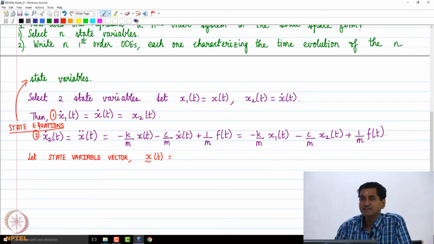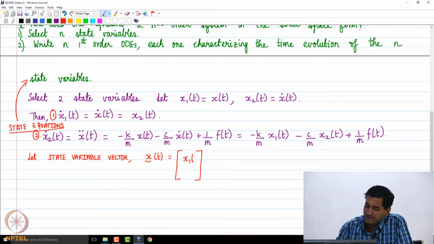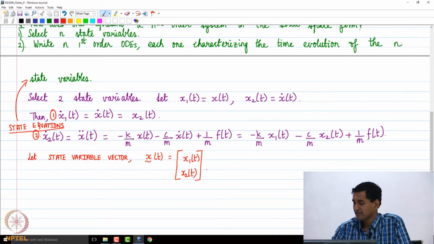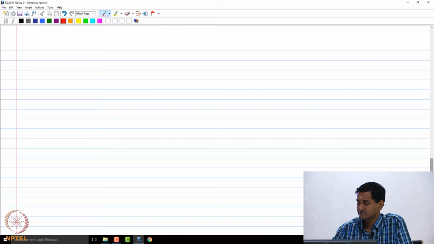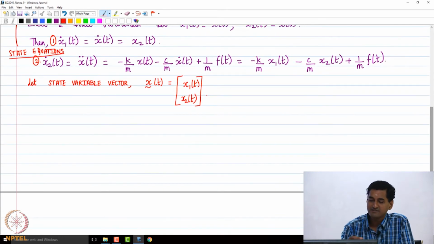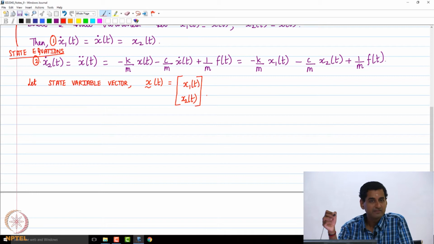My notation is that vectors are typically denoted by lowercase characters in bold font. Since I can't write bold font here, I am putting a tilde underneath, just to indicate that quantity is a vector. So, let us say I choose the state vector as a column vector where I arrange the two state variables, x1 and x2.